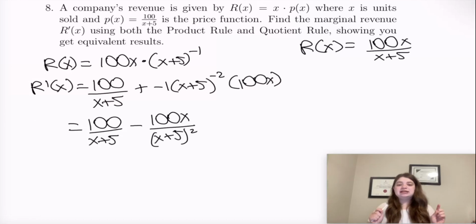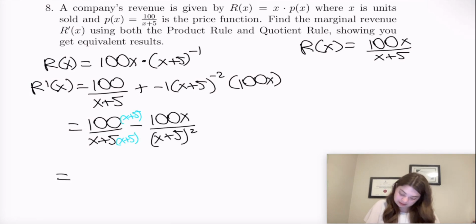Now, something I notice is that when we do it with the quotient rule, we're going to end up with just one fraction, right? And so I'm actually going to switch this into that format now because that's what we'll end up with eventually anyway. So I'm going to multiply the numerator and denominator for the first one by x plus 5, like that.